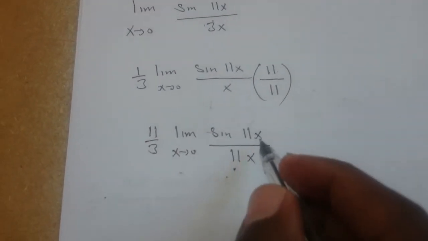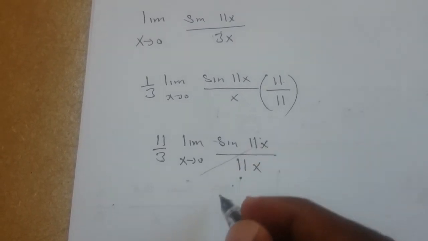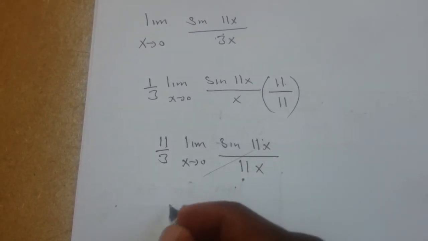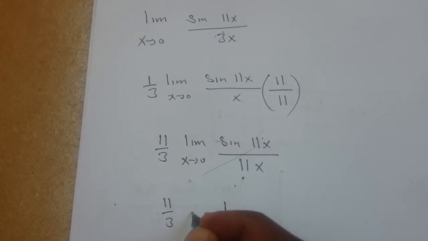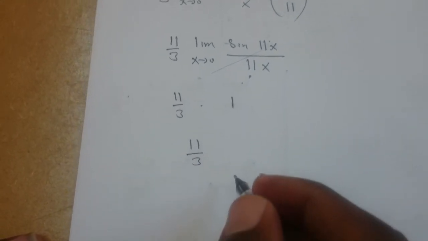Then this part is equal to that part, so this one will give us 1. So we have 11 over 3 times 1, which is equal to 11 over 3.